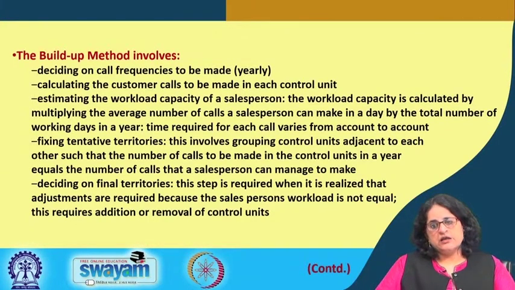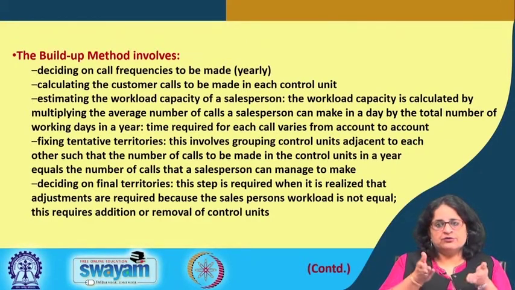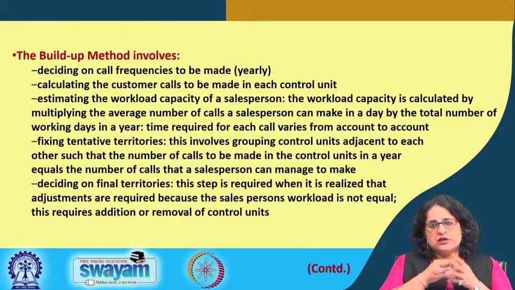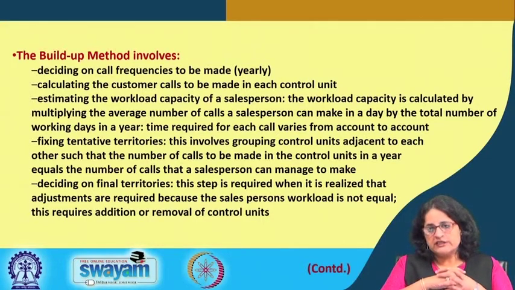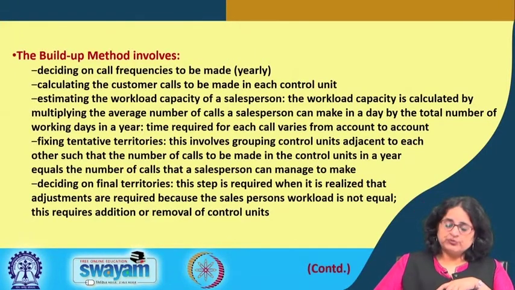And then again this would need an adjustment because the time required to make sales calls to different categories would vary, and then you fix the tentative territories, and then you decide on the final territories by grouping adjacent control units, even if you are combining small control units, so that the sales territory which ultimately gets derived has an equal workload compared to the other territories. So, this is the build up method.